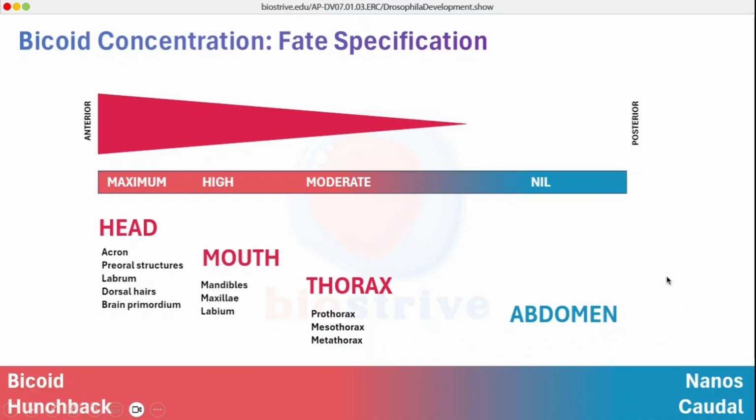And when there is nil concentration of bicoid, it will give us abdominal segments from A1 to A8 and tail if present. So at the anterior end, the bicoid concentration is determining that it will give us head, brain structures, mouth parts, thorax structures like prothorax, mesothorax, and metathorax. And when there is no or negligible concentration of bicoid, the abdominal segments will start, and at the end segments of the abdomen there is no concentration of bicoid.